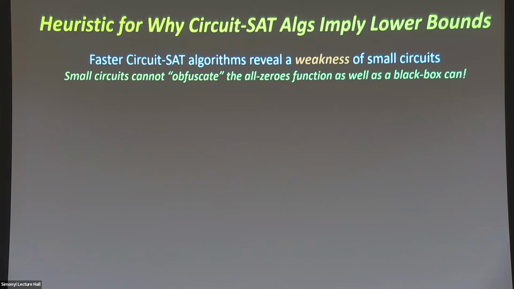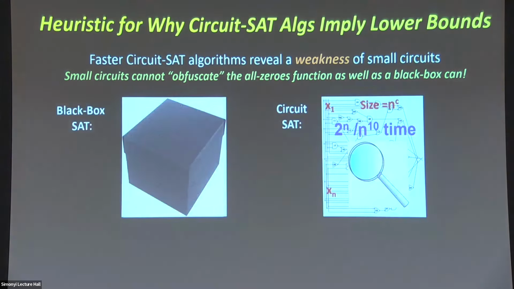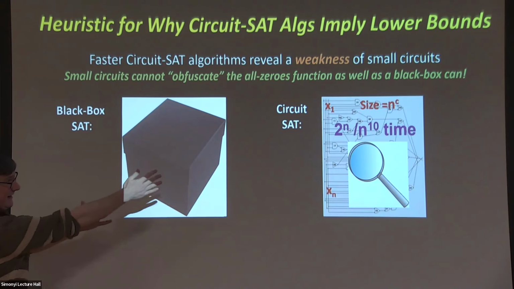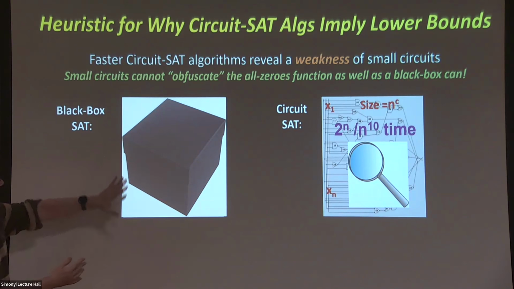If it's unsatisfiable, then it's just computing the all zeros function. If it's satisfiable, there's some input which makes it print 1. If you can do this faster than just trying all the possibilities, you're somehow doing better than just querying the black box. So imagine there are two kinds of SAT algorithms. One where I give you the full description of the circuit and you run slightly faster than exhaustive search. Another where you can just insert inputs and see an output.